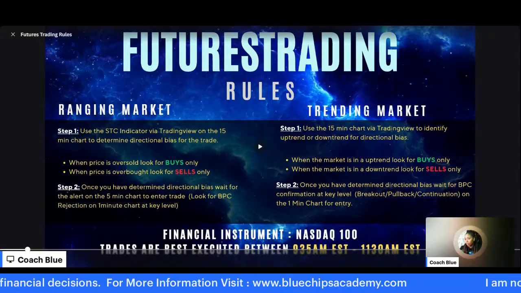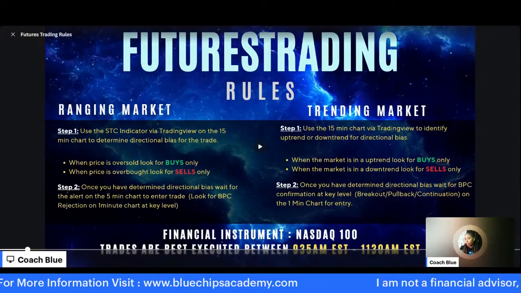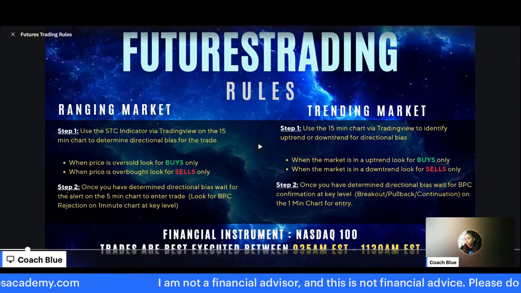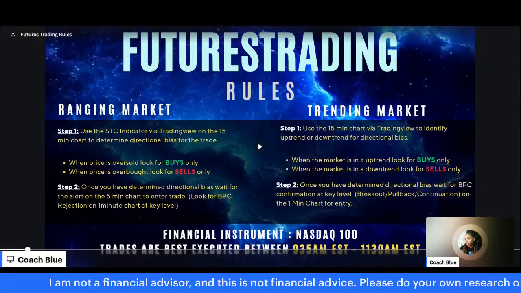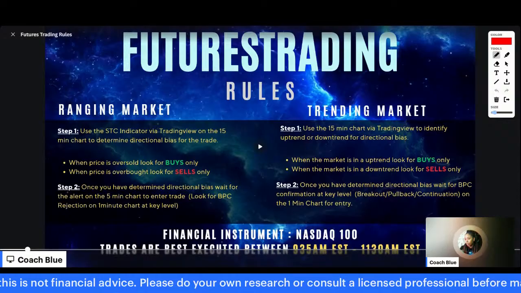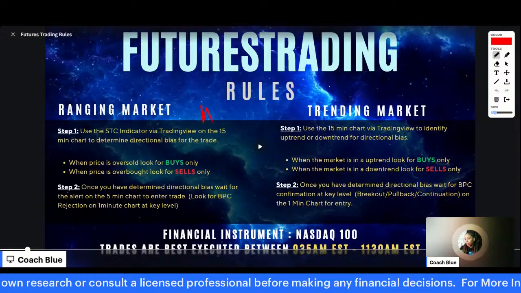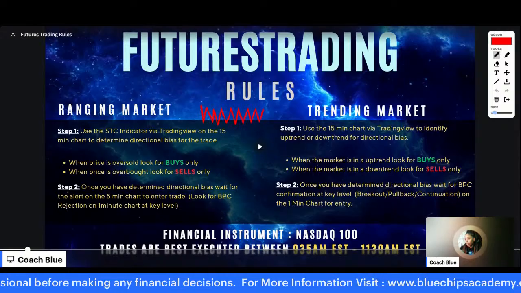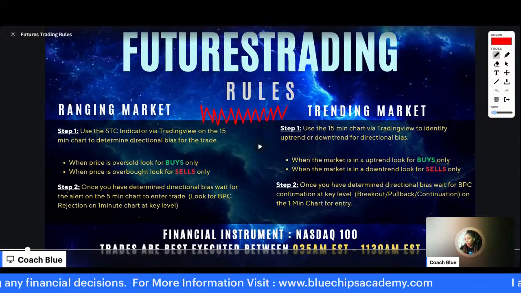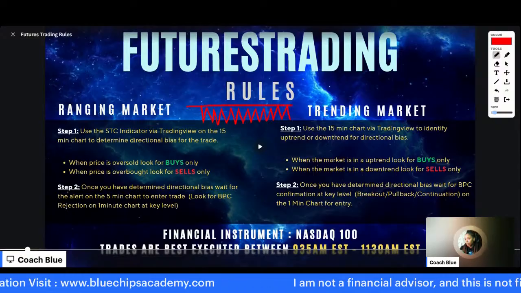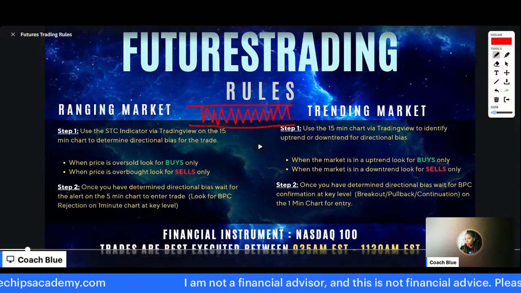Okay, so what are those market conditions? There are 3 main market conditions. Okay, and when we look at that, we have our consolidation. Consolidation just basically means that the market or the candles are just choppy. They're moving back and forth like that. Okay, that's consolidation. It does not matter what type of market condition you're in.